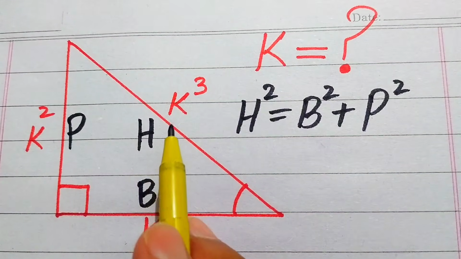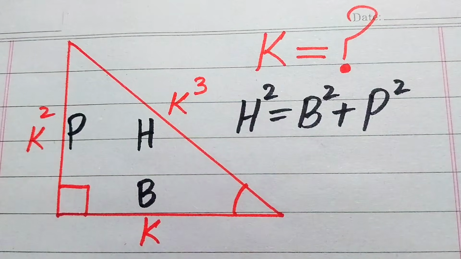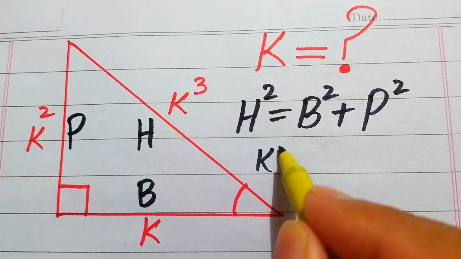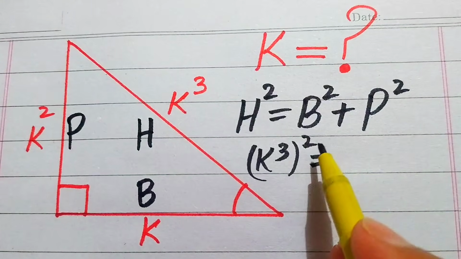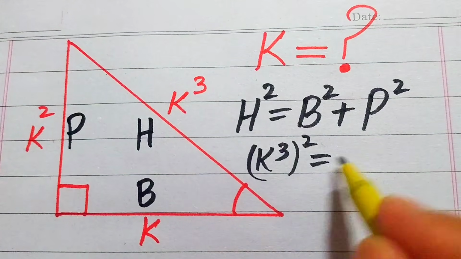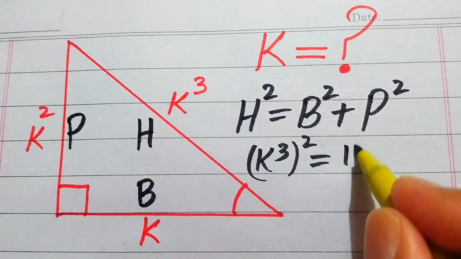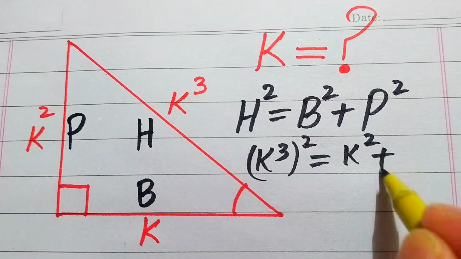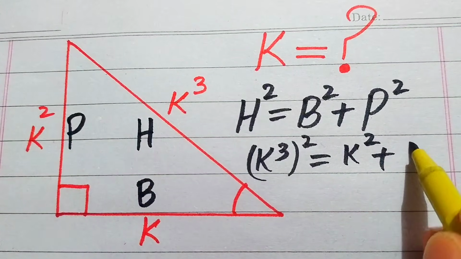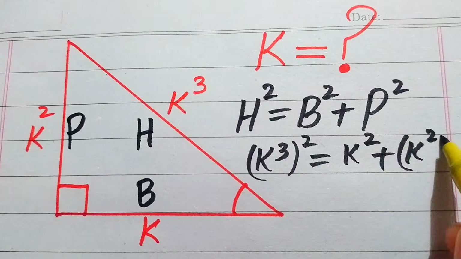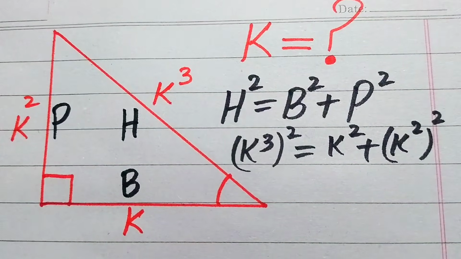The value of hypotenuse is k cubed, so when we put it here, it becomes k cubed whole square is equal to base square, the value of base is k only, so this becomes k square, and the value of perpendicular is k square, so this is written as k square whole square.